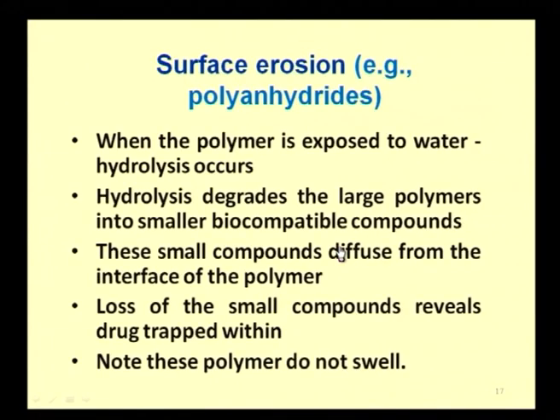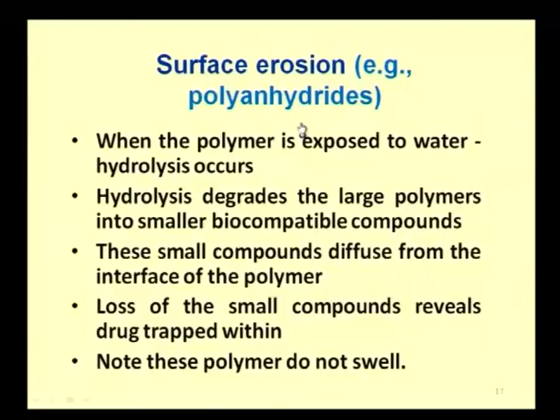So, how is surface erosion different from bulk erosion? What is the mechanism? How is it taking place? Let us see that now. In the surface erosion method, polymers such as polyanhydrides and polyorthoesters are some examples of biodegradable polymers which specifically undergo surface erosion and not bulk erosion.